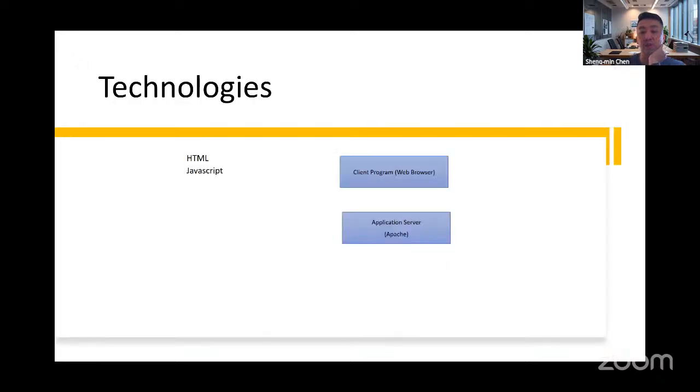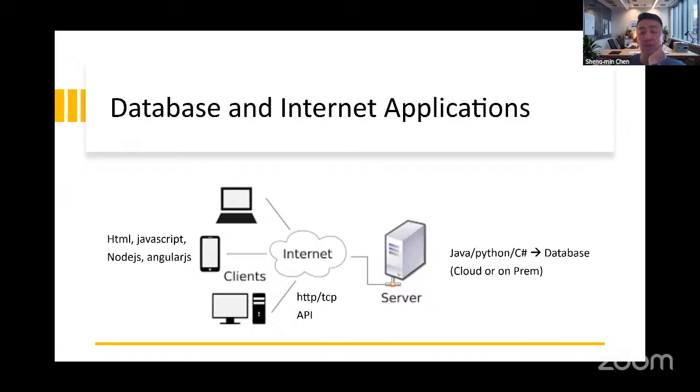And then that server will essentially be talking to, in our class, a relational database, if that is your choice. That server will be connecting to the database via whichever library you choose, and it will be connected through the connection strings that we went over earlier.